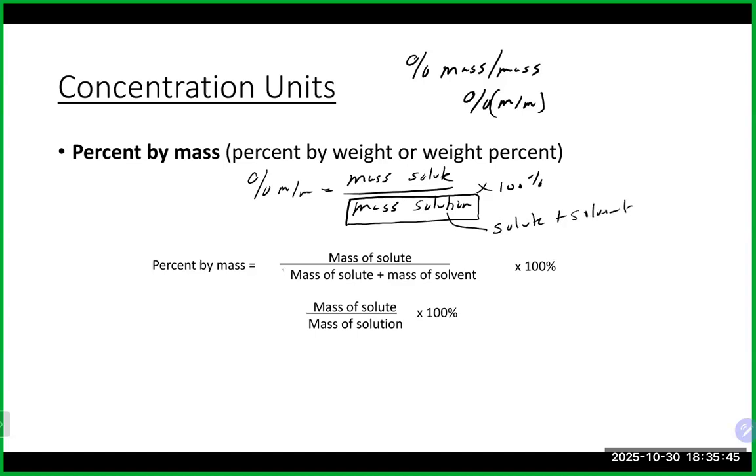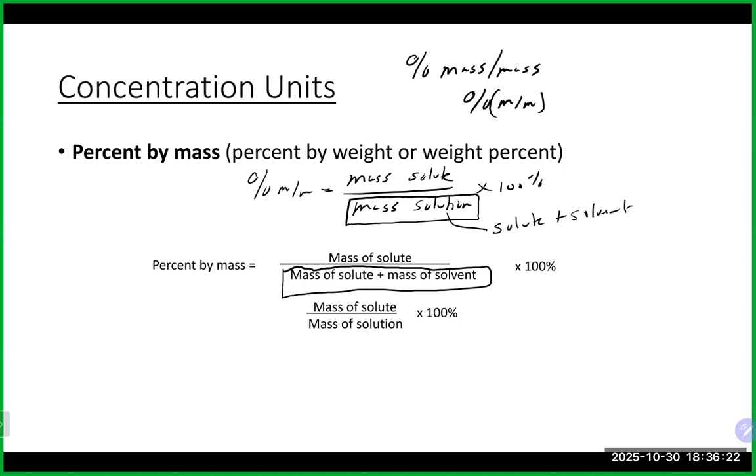So you definitely want to make sure on the bottom there that you have the mass of both of those things, and that you're not just using the mass of the solvent. The reason that is an issue is a lot of times in these types of problems, they will break those numbers up. They'll give you the mass of the solute by itself, and the mass of the solvent by itself, and sometimes they just won't give you the mass of the solution. So it's a very common mistake that people just roll with the solvent number and not the entire mass of the solution. And you times it by 100%, and that'll give you your percentage.